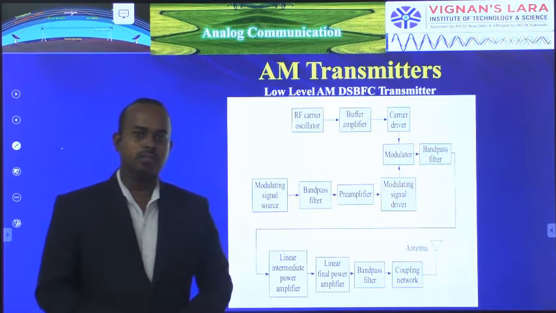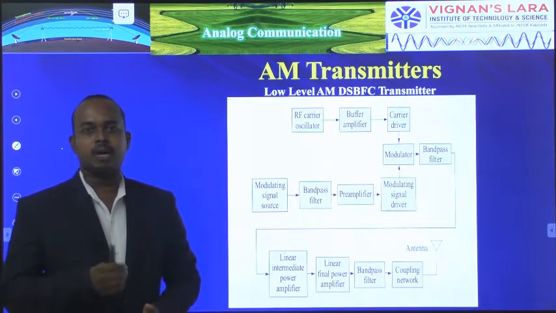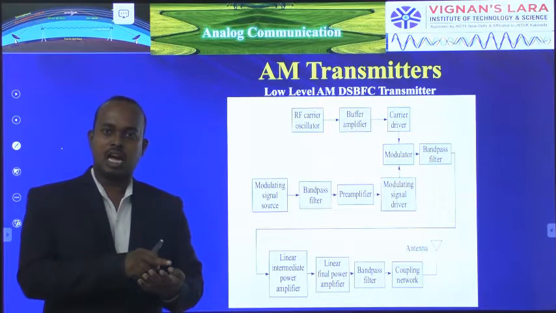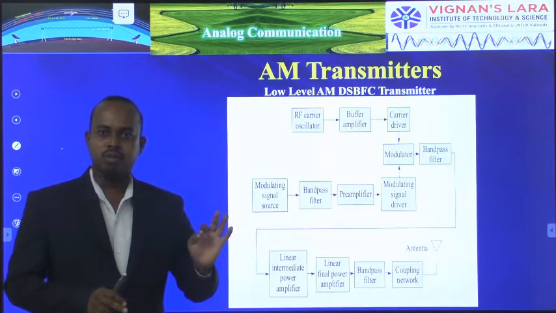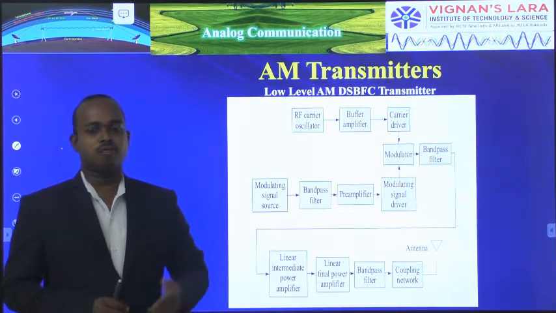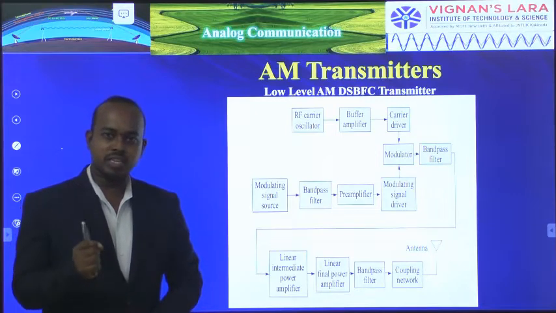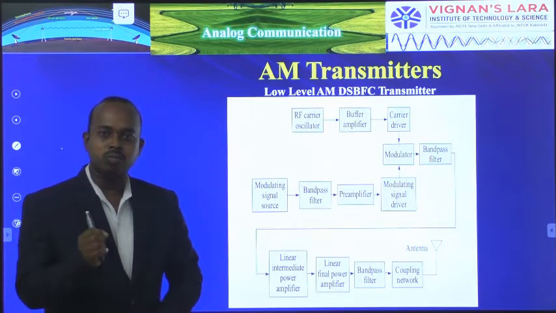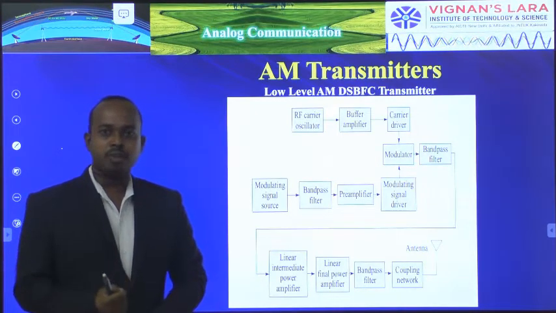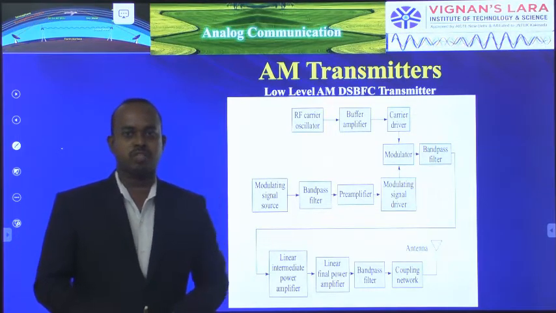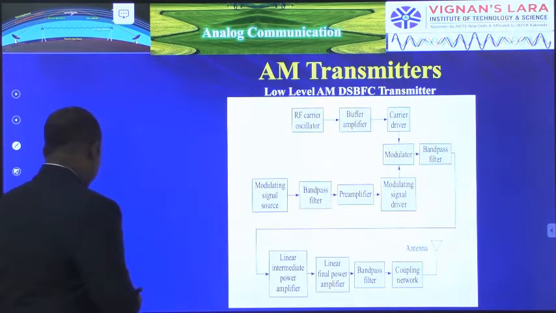Already you know that any signal mainly has three parameters: one is amplitude, the second is frequency, and the third is phase. Of these, the first technique is amplitude modulation. In amplitude modulation we have some classifications.